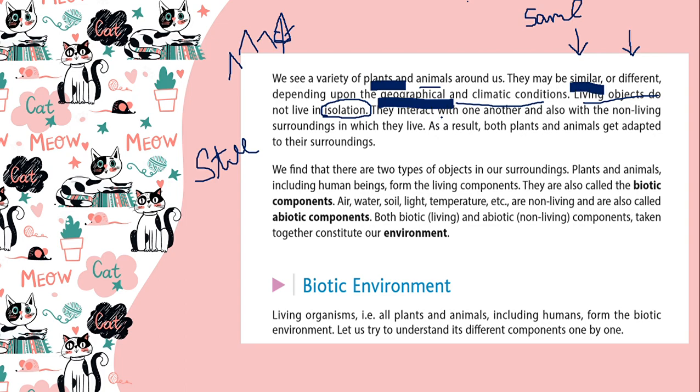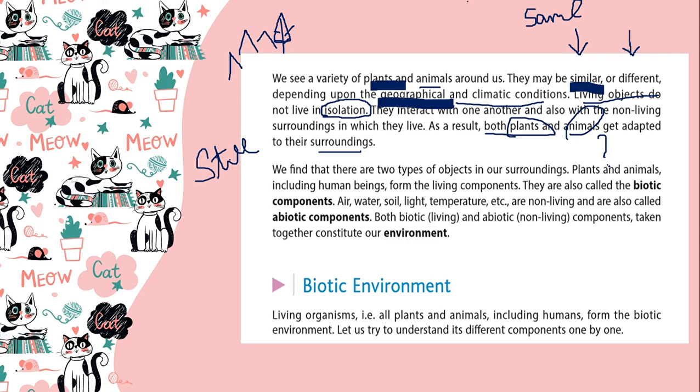Means if our home is in a hot place, we wear cotton clothes, and if our home is in a winter place, means a hilly area, we wear thick fur and woolen clothes. Next thing, as a result, both plants and animals get adapted to their surroundings. Why is there no mention of humans?